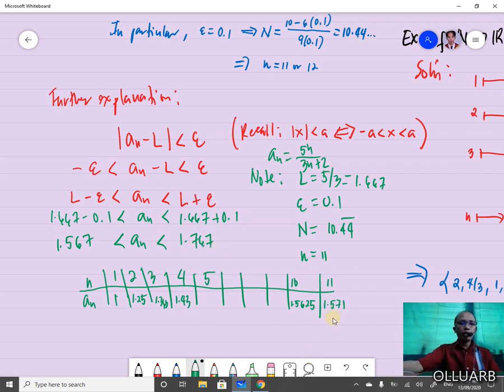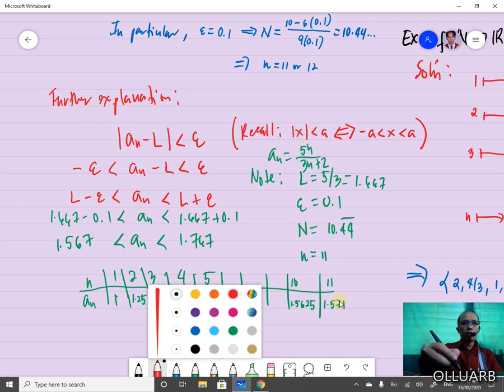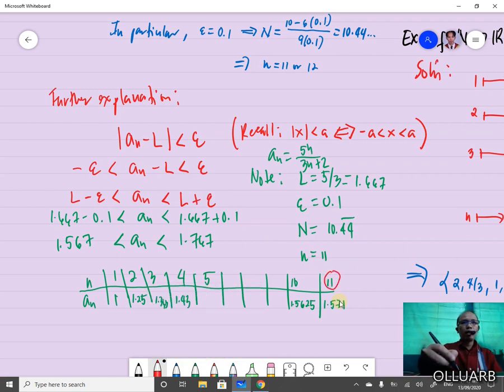And as you have noticed, if our n is 11, then this statement is true onwards for all values of n greater than or equal to 11, for epsilon equal to 0.1.